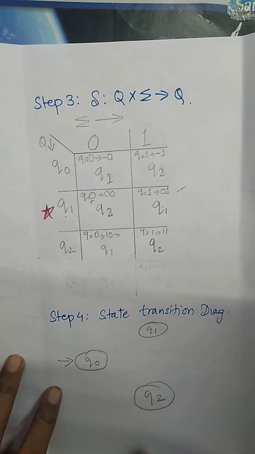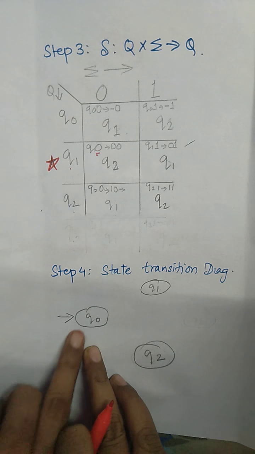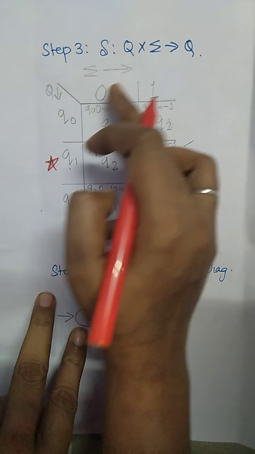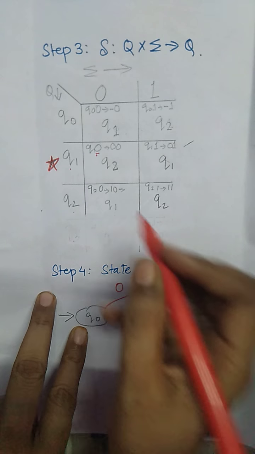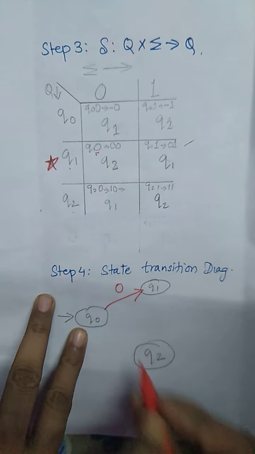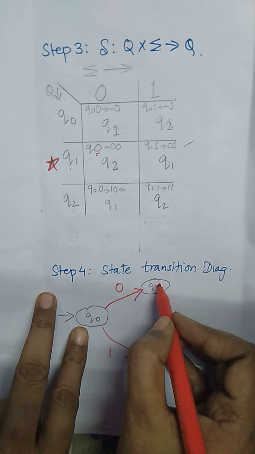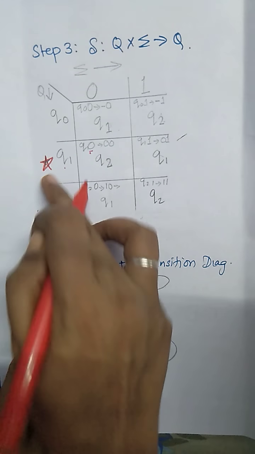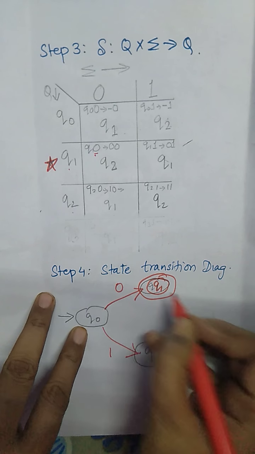Now we have to complete the state transition diagram. So the initial state here is Q0. Now Q0 with input 0 goes to Q1. Q0 with input 1 goes to Q2. Now Q1 is the final state, as we came to know from the table. So what we have to do is mark it as a final state by putting a double circle.